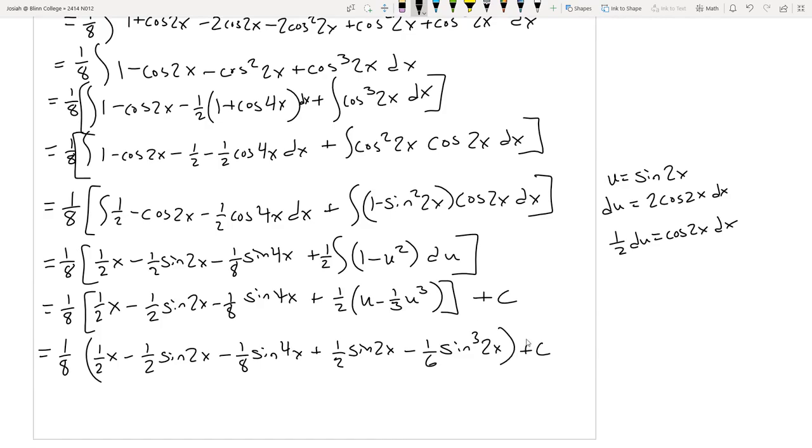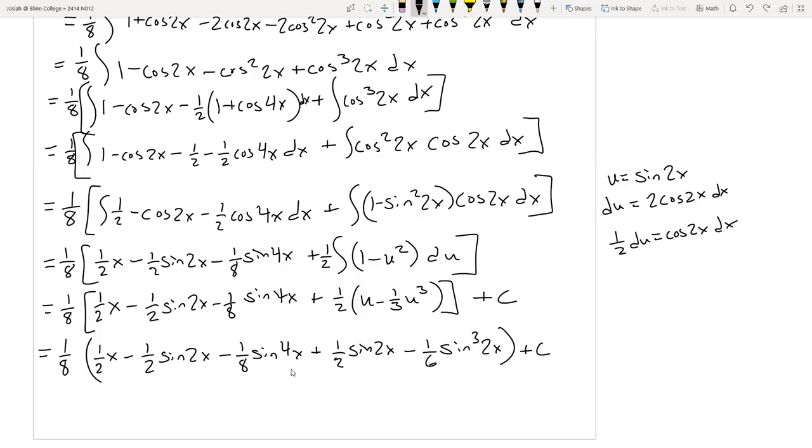Be very careful though. Technically, these should have parentheses around them, and then this should have brackets. It's okay if you leave those off, as long as you are clear that this entire 2x goes inside your sine. Hopefully we're okay with that, since we are in Calc 2, but just in case, technically use parentheses around those.